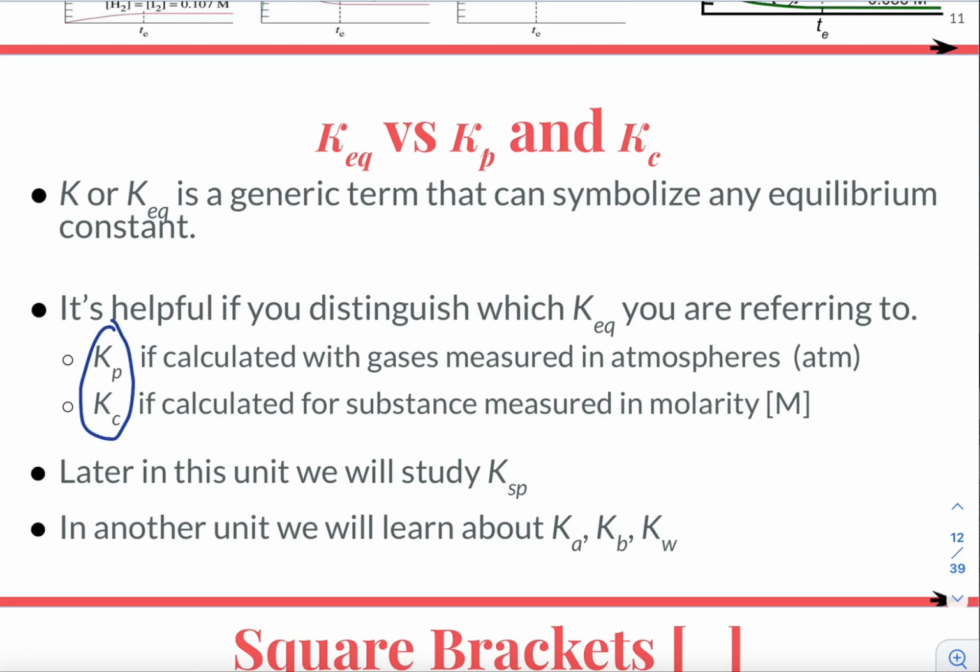So KP is pressure, and we use atmospheres for pressure here. And KC is molarity, concentration. So C, concentration, P, pressure. KSP, we're going to do later on in this unit. And then next unit, the acid-base one, is where Ka, Kb, and Kw come in. So we'll talk about all of those as well.